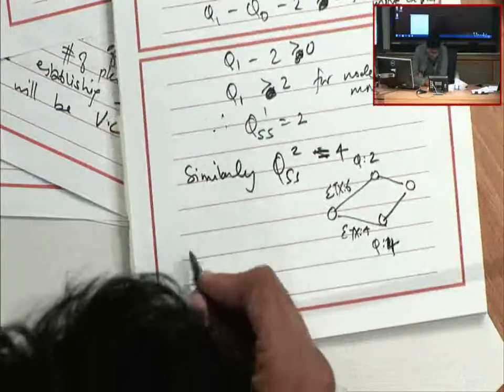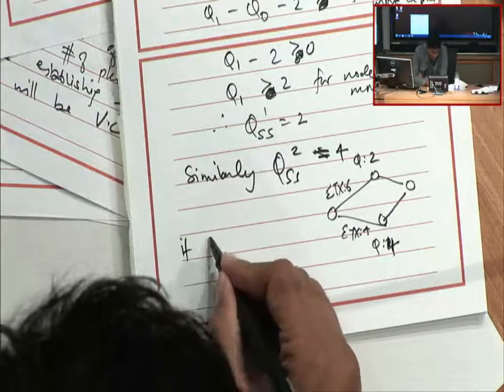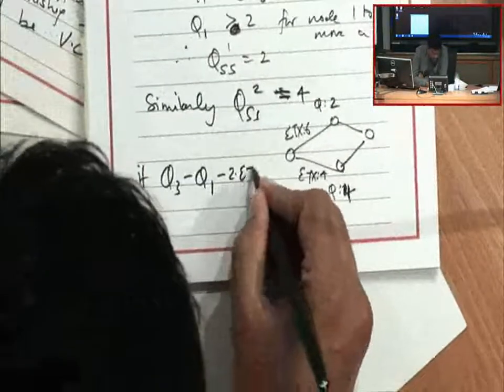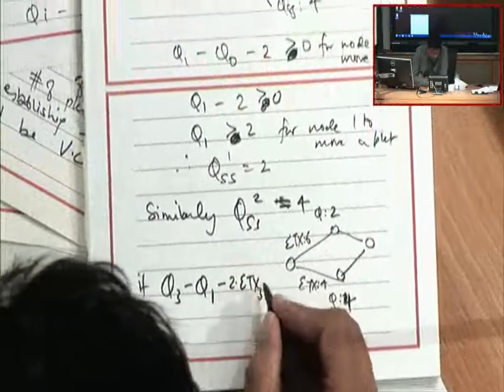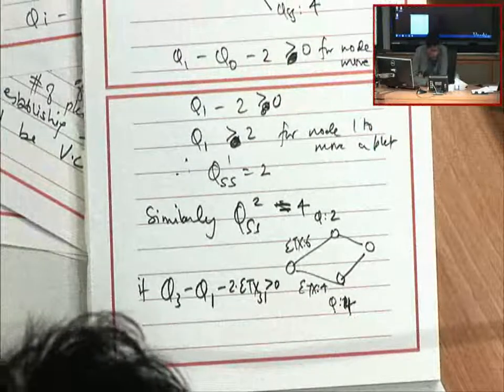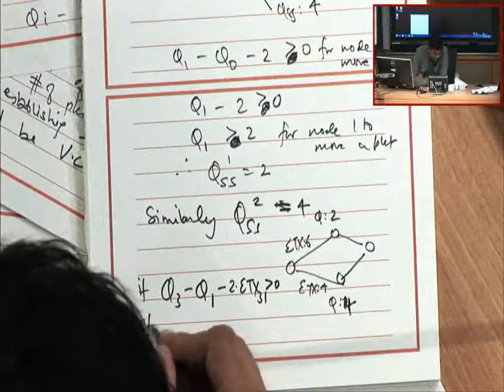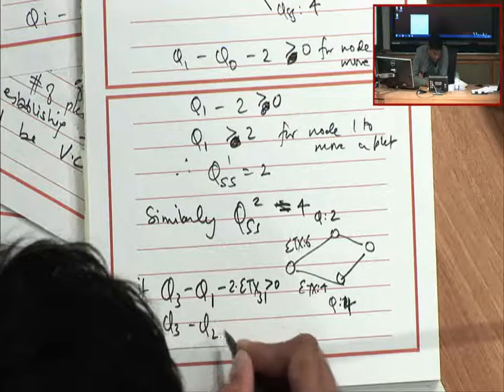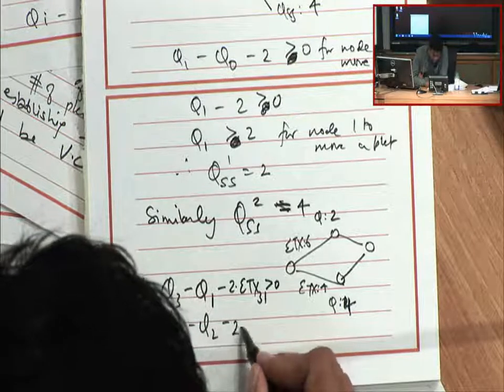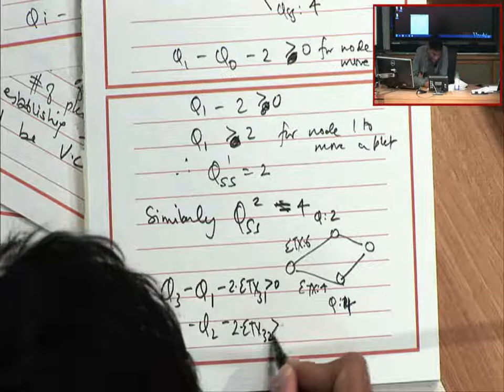If Q3 minus Q1 minus 2 times ETX of 3 to 1 is bigger than 0, then it will move a packet. Or if Q3 minus Q2 minus 2 times ETX of 3 to 2 is bigger than 0.